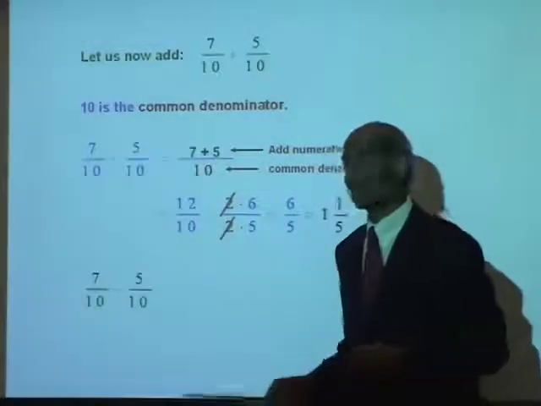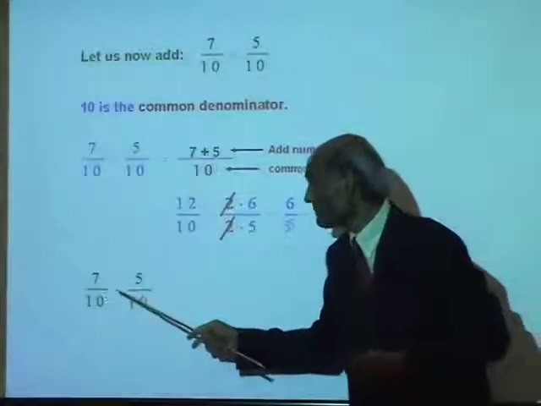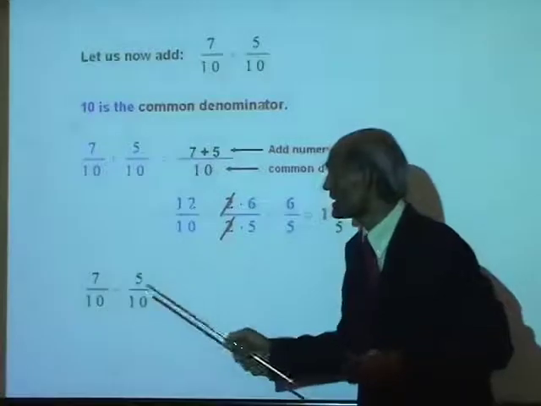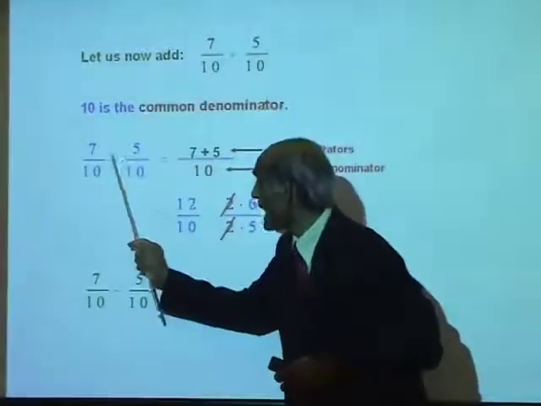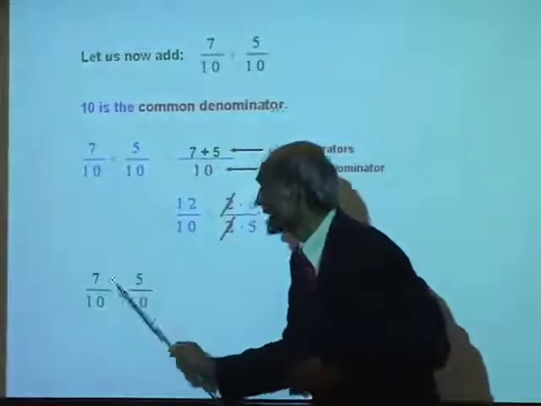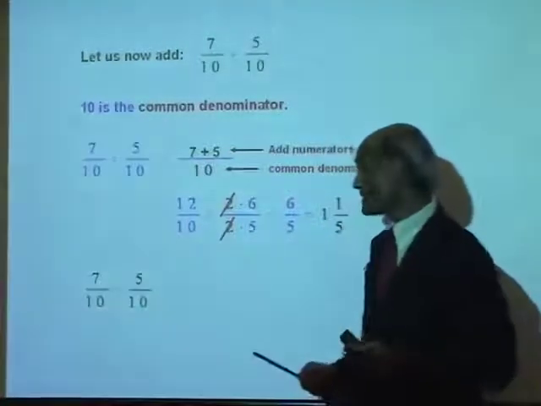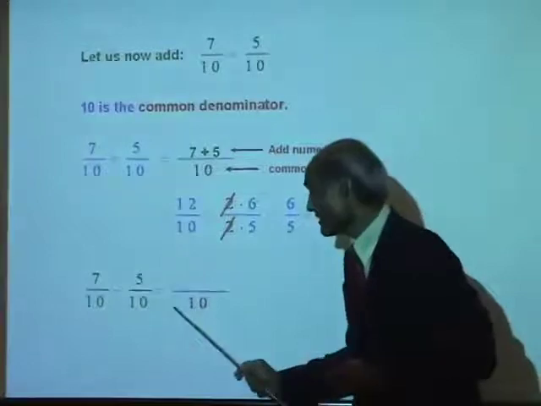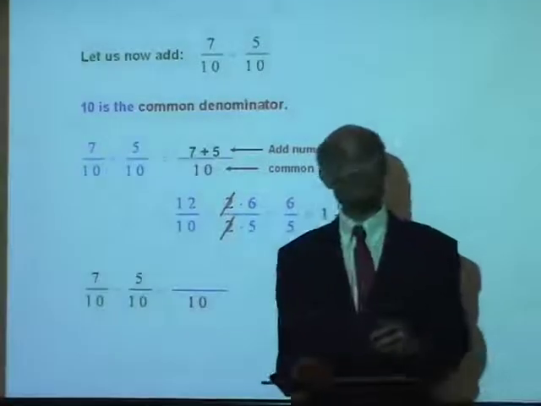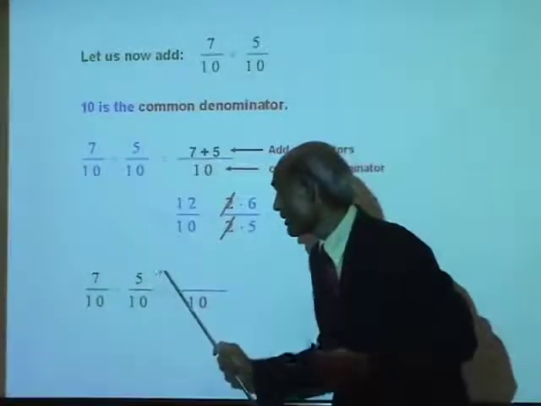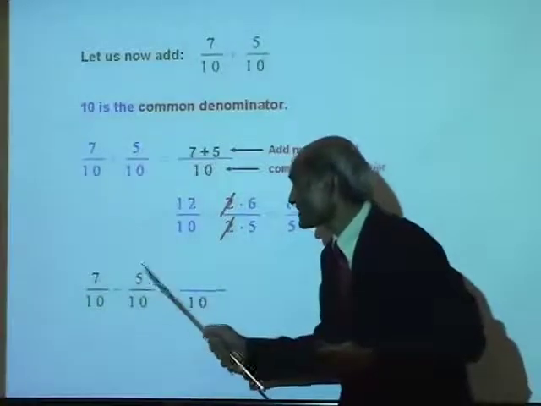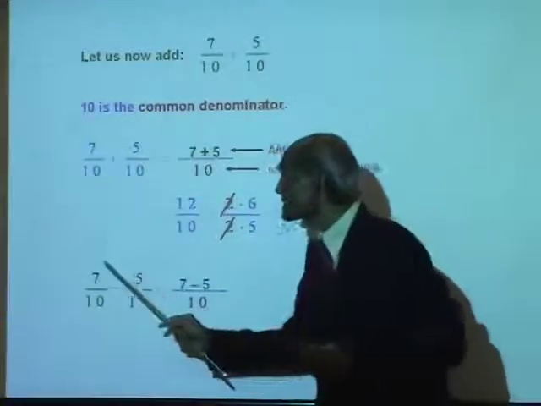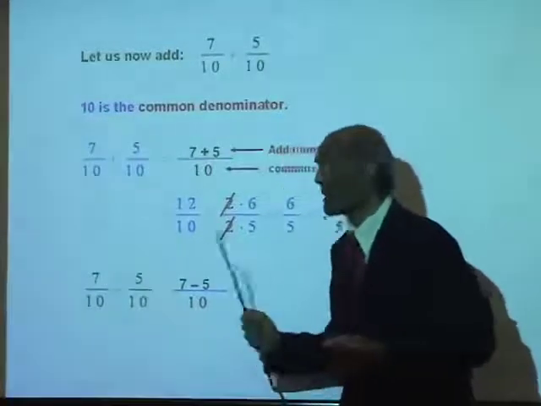How about this? 7 out of 10 minus 5 out of 10. So the only difference here is, in place of adding, we have now subtracting. And the only difference there is, you have the common denominator as before. In place of adding the numerators, you have subtracting the numerators. The numerator is now 7 minus 5.